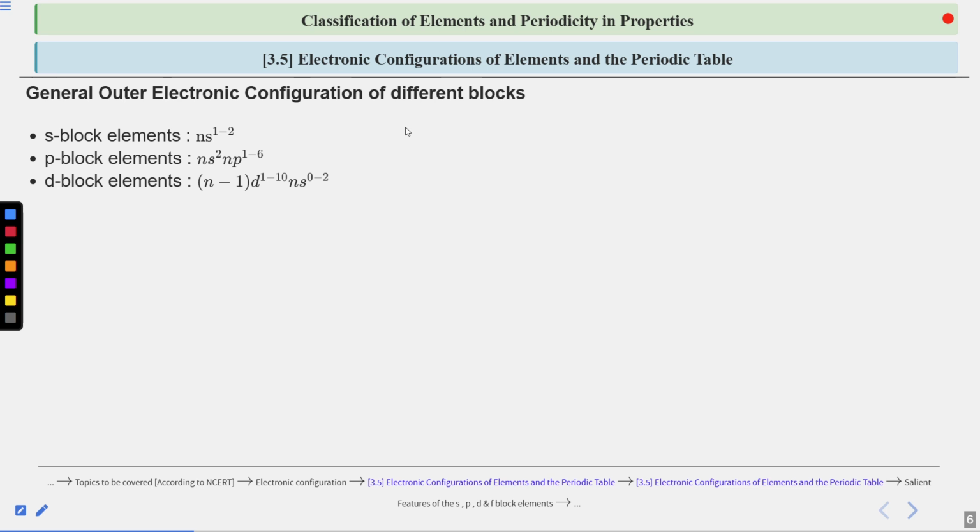After that we have a D block element, but here the D subshell belongs to a lower energy level, which is n-1. So suppose the S subshell belongs to the 4th energy level, then the D subshell will belong to the 3rd energy level. Example: 3d1 4s2.